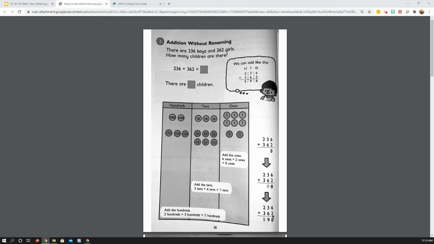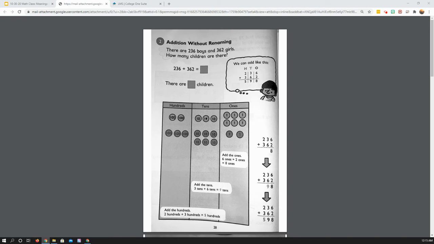And remember, first you add the numbers in the ones place, and then the numbers in the tens place, and then the numbers in the hundreds place. So here you have the numbers that are represented on the table. So you have 236. How many digits do you have in the ones place? You have 6. So you have 1, 2, 3, 4, 5, 6. How many digits do you have in the tens place? You have 3. That's going to be a total of 30.